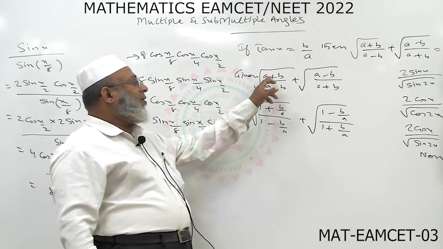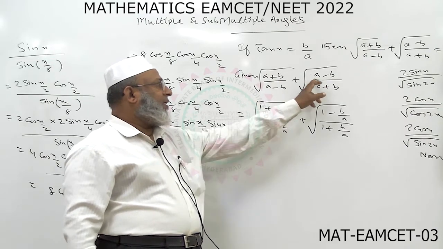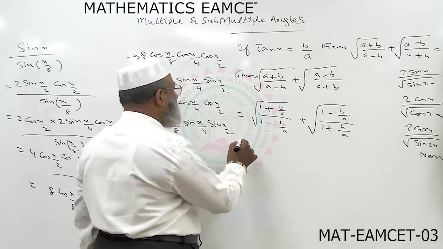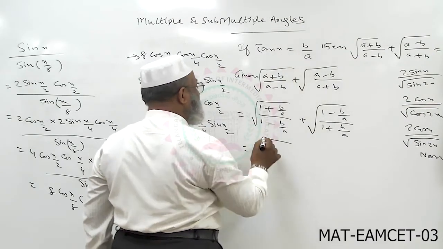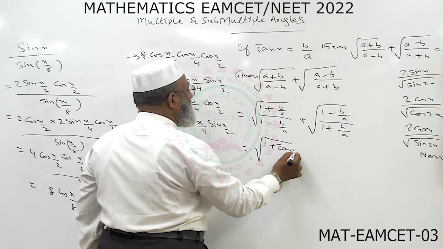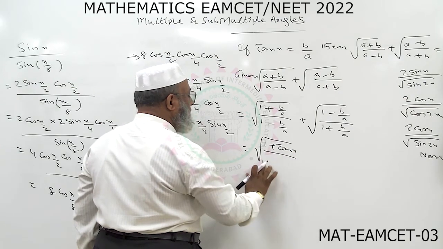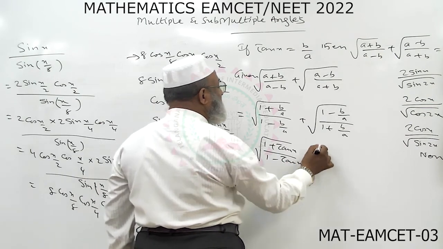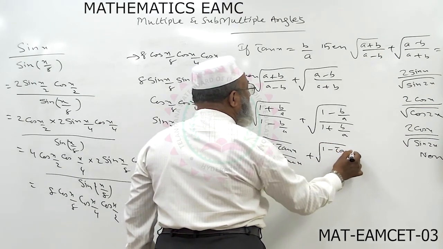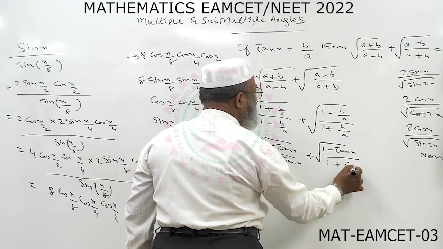So 1 plus b by a, 1 minus b by a, is equal to, what is 1 plus b by a? Tan x. So 1 plus tan x by 1 minus tan x plus 1 minus tan x divided by 1 plus tan x.